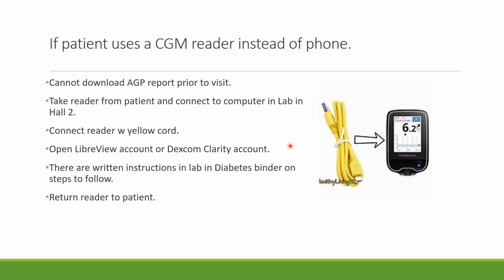And then all the cutting and pasting and the daily reports and all of that is the same. There are written instructions in the lab on how to do this. And if you have any problems, you can ask for help. But you should be trained in doing this, and it's pretty much the same once you get it connected.